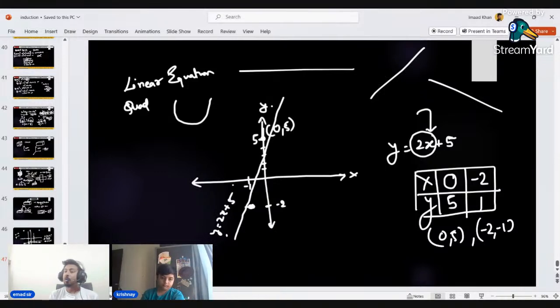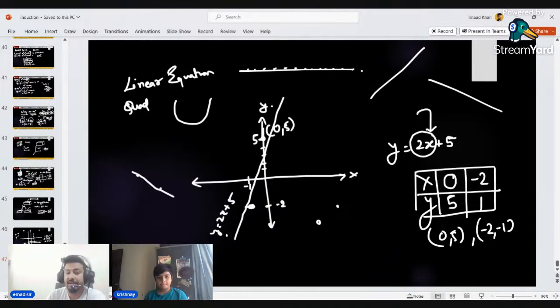Okay. How many points does a line have? Infinity. Okay. We need only 2 points to draw a line. But the opposite, if a line is drawn, it has an infinite number of points. 1, 2, 3, 4, like that. Infinite number of points are there, right? But to draw any line, we need a minimum of 2 points.